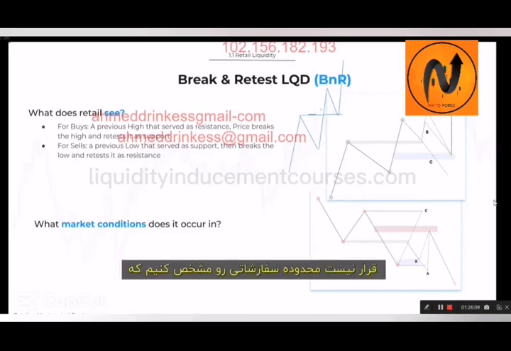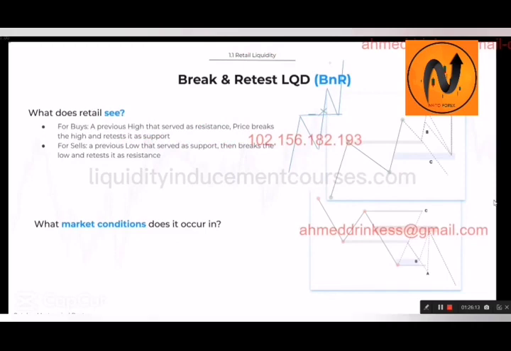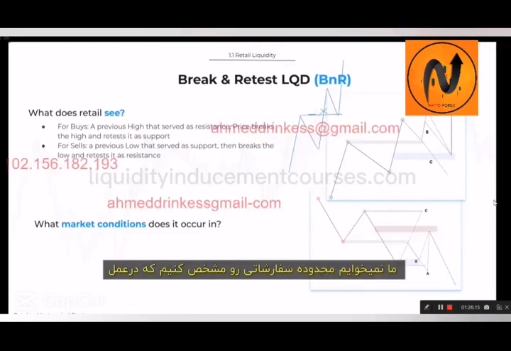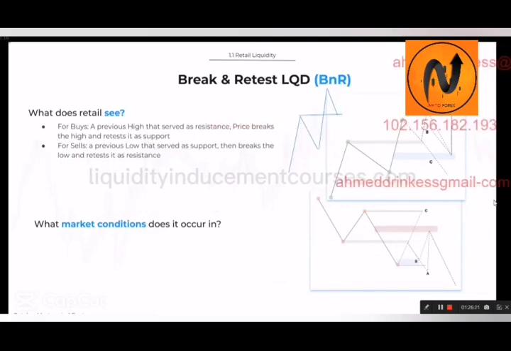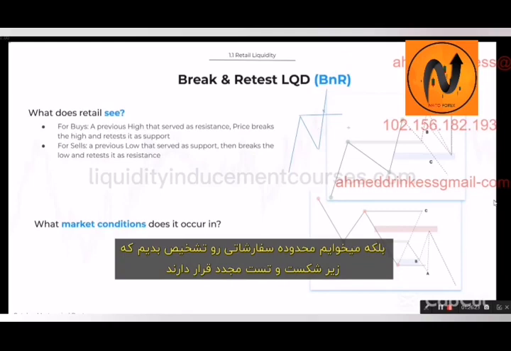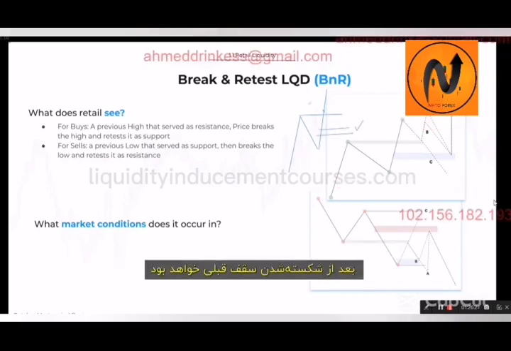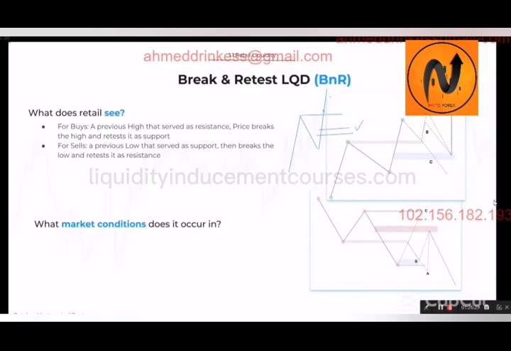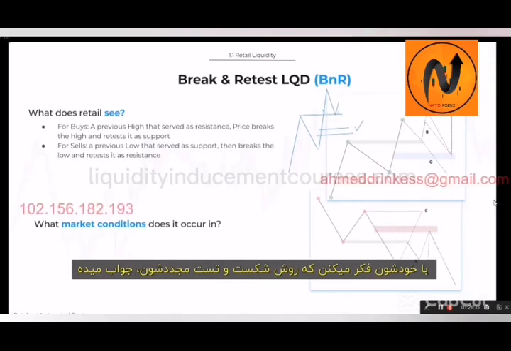We're not going to identify order blocks that align with break and retest. We're going to be identifying the order blocks that actually reside not here, but the order blocks that lie below the break and retest. Because what ends up happening is when a previous high is broken, you're going to get initially an influx of buyers coming to the market thinking, oh, my break and retest is going to work.